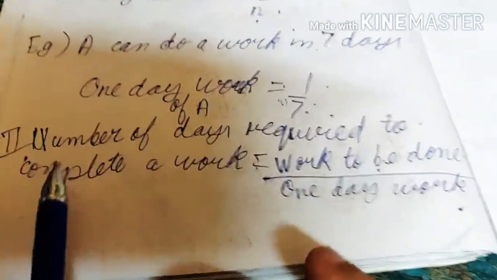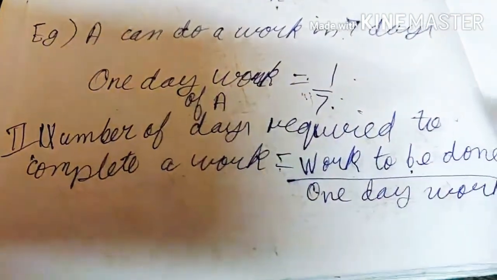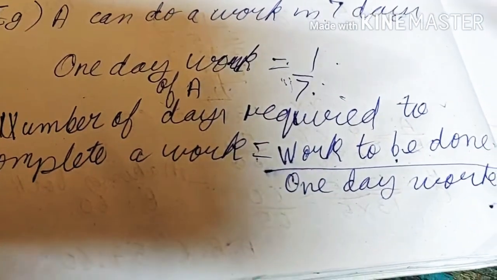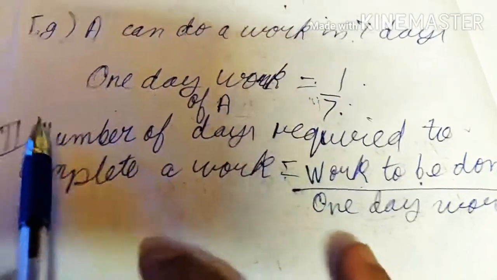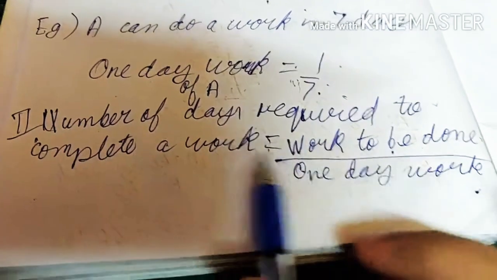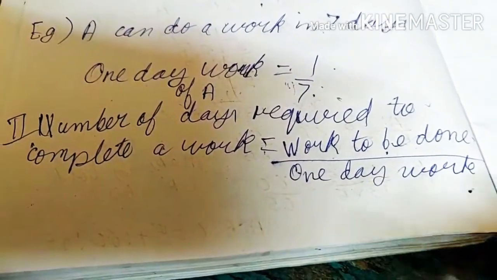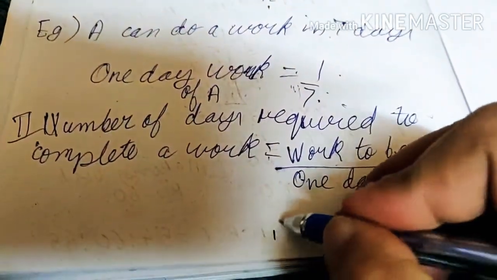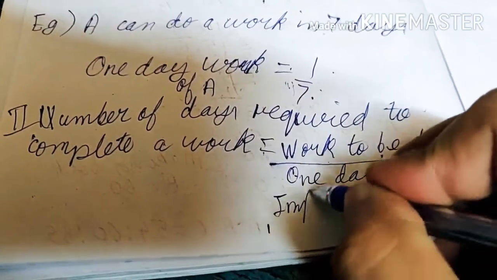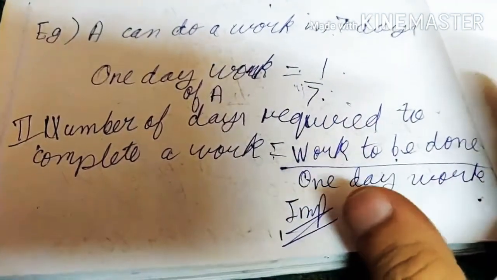Otherwise, if you are given the work left and the 1 day work of a person, then you can calculate the number of days required to complete the work by work to be done upon 1 day work. So remember, this is important. This will be used in further questions also.